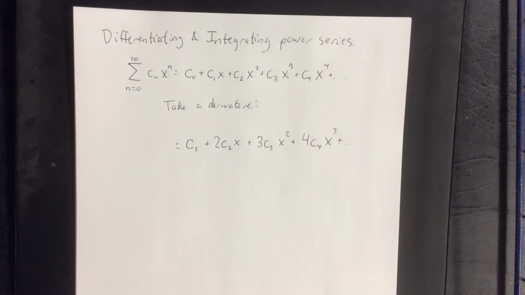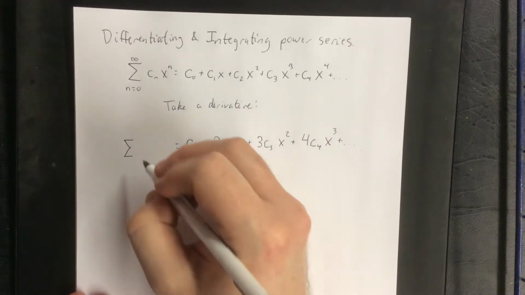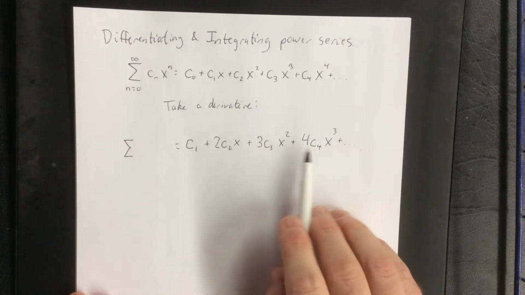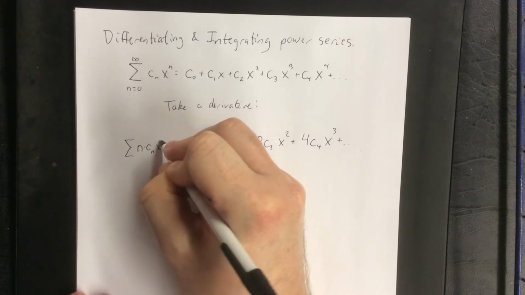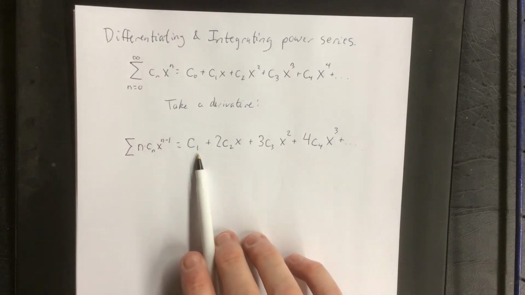Now to come up with a power series representation of that, that would be the sum of coefficient of 1, coefficient of 2, coefficient of 3, coefficient of 4. That would be n times c sub n times x raised to the n minus 1 power. However, you'll notice that the first term that we have present here is now n equals 1.